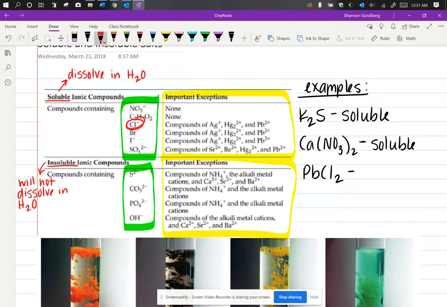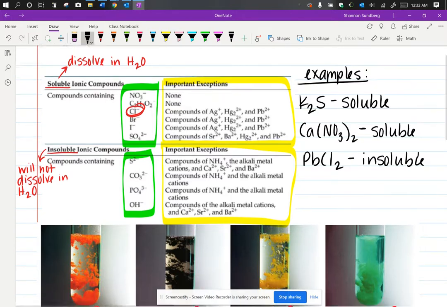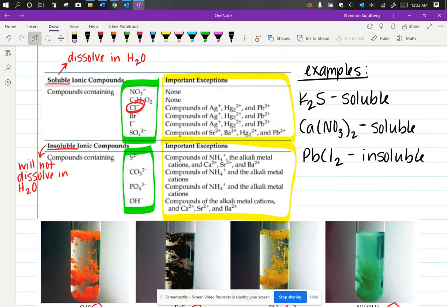Well, this time we're working with lead, so it's not soluble anymore. It's insoluble. Who goofed that up? Well, lead goofed us up, because it was an exception to that soluble rule.